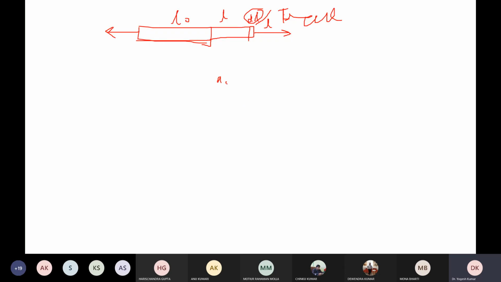Okay, so this is A0, B0, C0 is equal to A1, B1, C1. Okay, so this will be A1 upon A0 into B1 upon B0 into C1 upon C0. It is equal to 1.